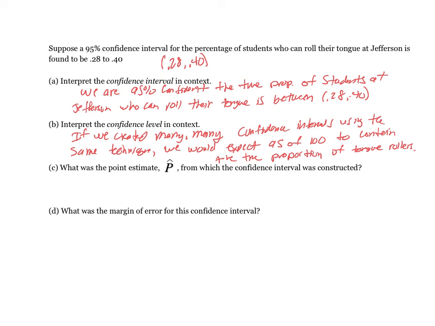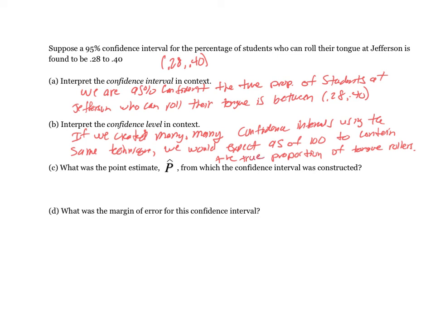Okay, so remember, it's like a meta experiment. If we repeated the process many times and made many intervals, we'd expect that 95 out of 100 of them to contain the true proportion of tongue rollers.